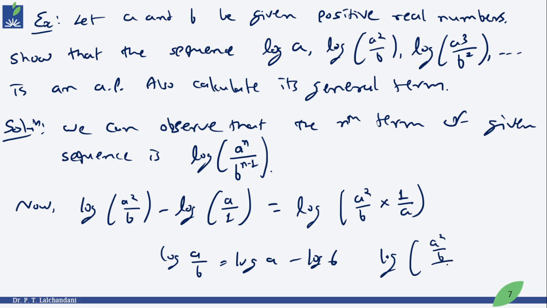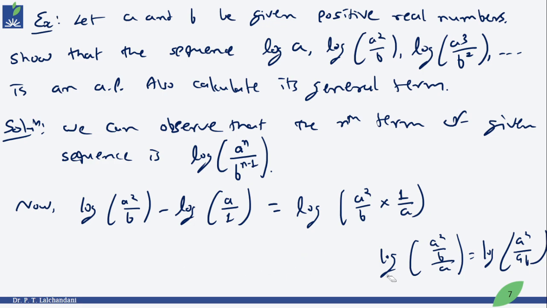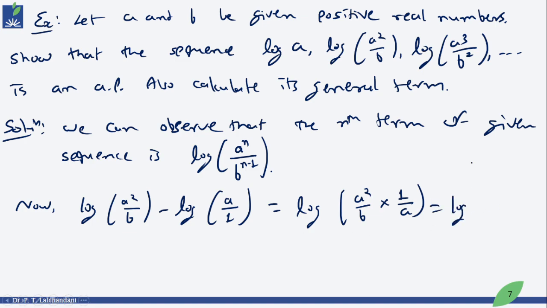So a squared upon b upon a is nothing but log a squared upon ab, and we can observe that one a is cancelled out. So it is simply log a upon b. That means the difference between the second term and the first term is log a upon b.